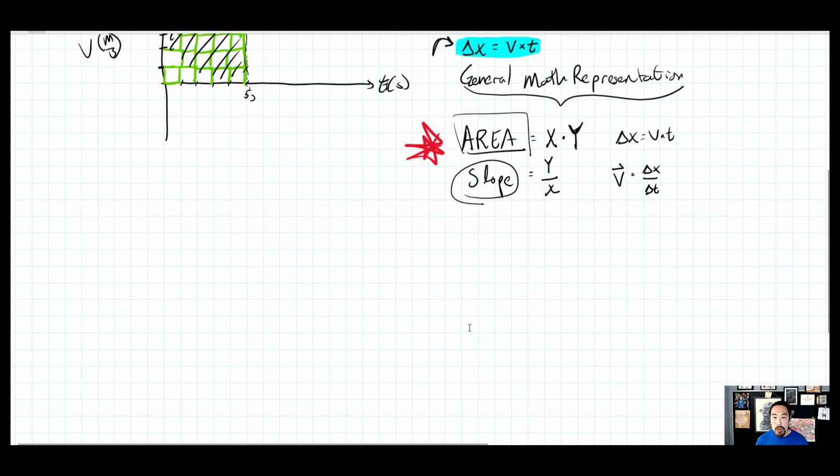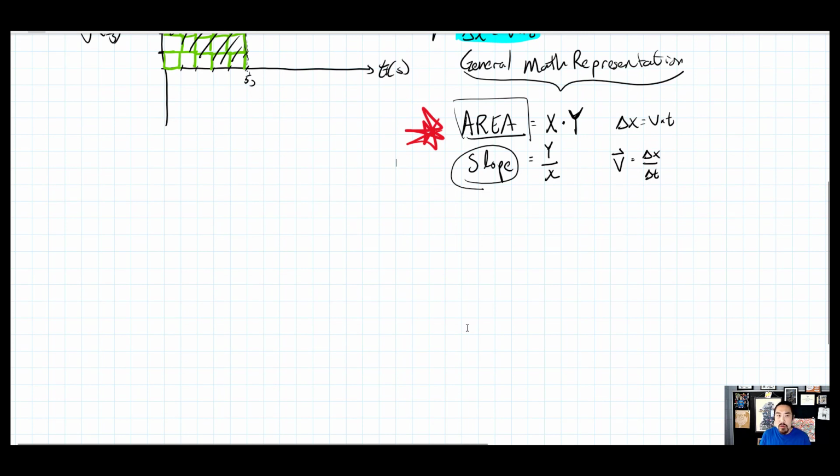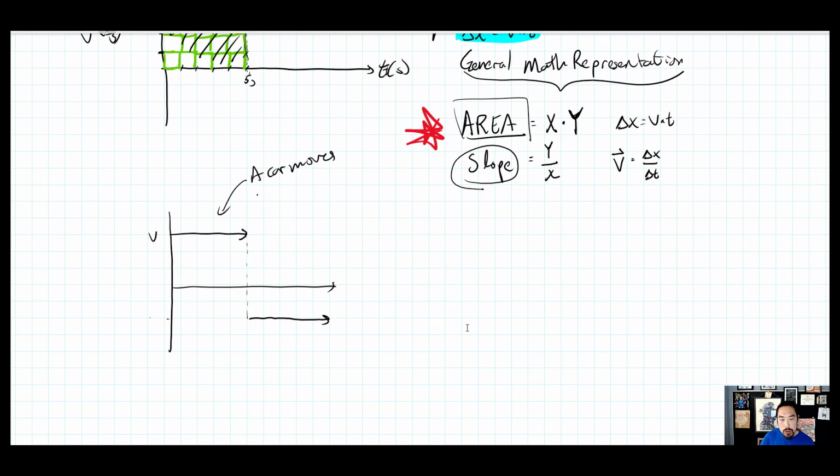All right, the only other thing that I want to show you is that sometimes students have a hard time finding the area under the curve. Let me show you exactly what I mean. So far we saw a positive area, right? We saw something that looks like this, but what if this graph just jumps down here? So in this case, for this part, let's say a car moves with a velocity of 3 meters per second, positive.